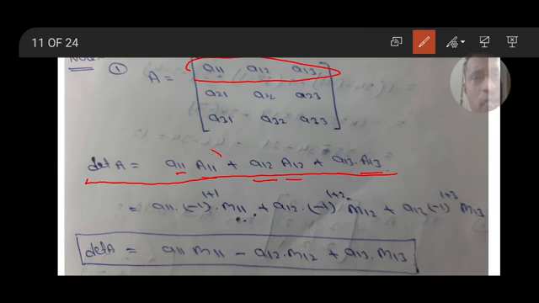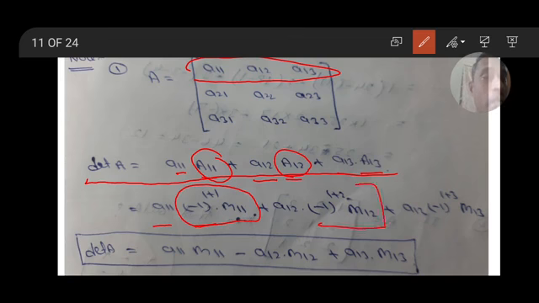What is the cofactor? Capital A11 is (-1) to the power of 1 plus 1 into M11, the cofactor of a11. Capital A12 is (-1) to the power of 1 plus 2 into M12. Capital A13 is (-1) to the power of 1 plus 3 into M13. These are the cofactors.